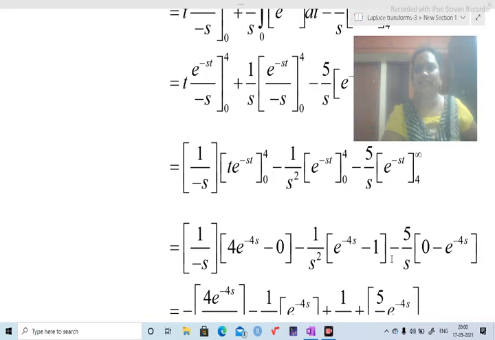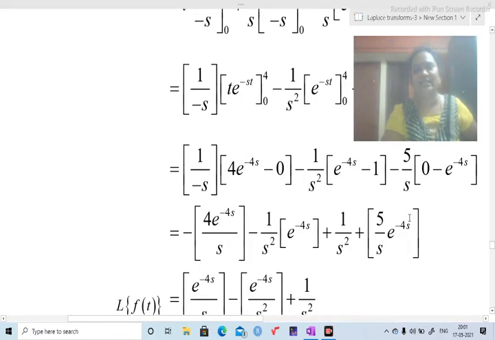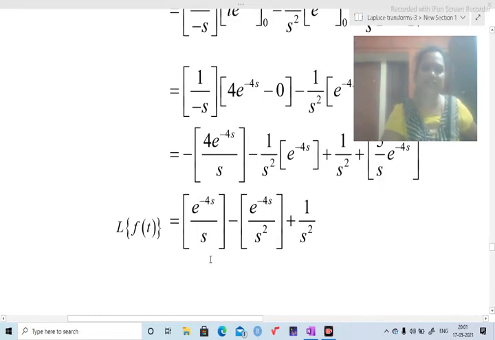Minus 5 by s as it is. Substitute the upper limit. E power minus infinity is 0. Substitute t equal to 4, e power minus 4s. Simplify this term. Then we are going to get the Laplace transform of f of t equal to e power minus 4s by s minus e power minus 4s by s square plus 1 by s square.